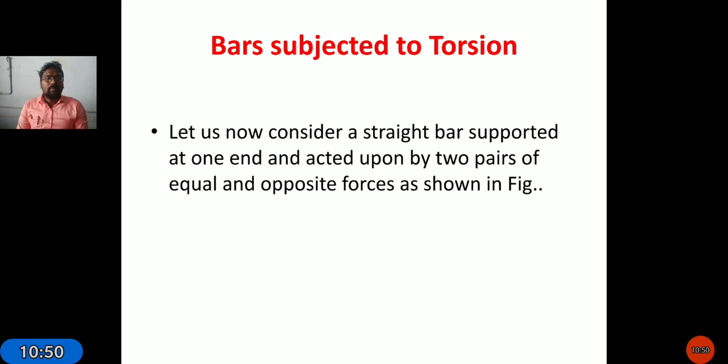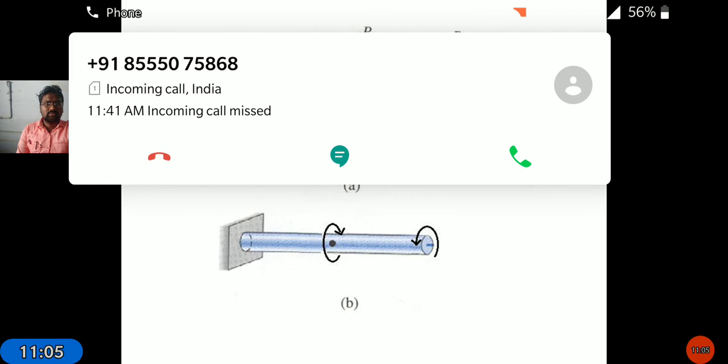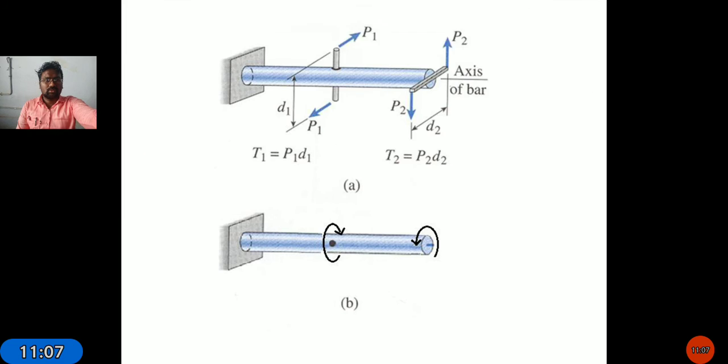Next, bars subjected to torsion. Let us consider a straight bar supported at one end and acted upon by two pairs of equal and opposite forces, as shown in the figure. Here I have taken one example. It is the fixed end, and this is the shaft. The shaft is connected at the fixed end, and we are applying two forces, P1 and P2.